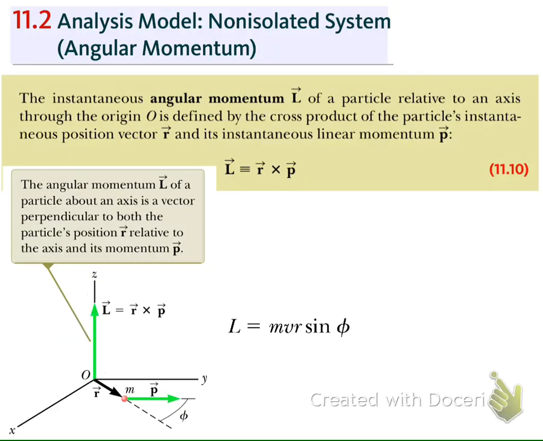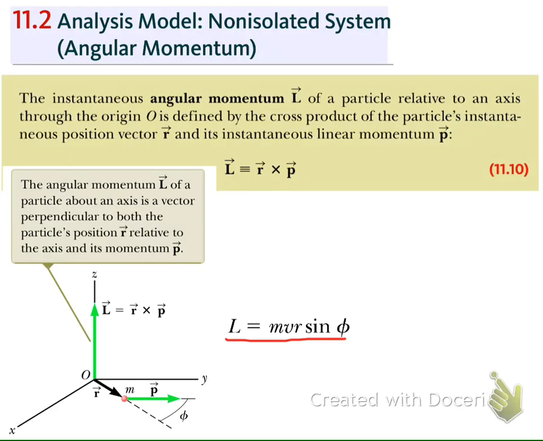That follows from the definition of the cross product, or the vector product. Also from the definition of the vector product, you can see that the magnitude of the angular momentum L is equal to m v r sine phi.